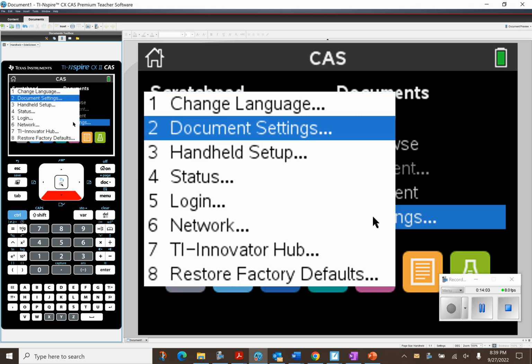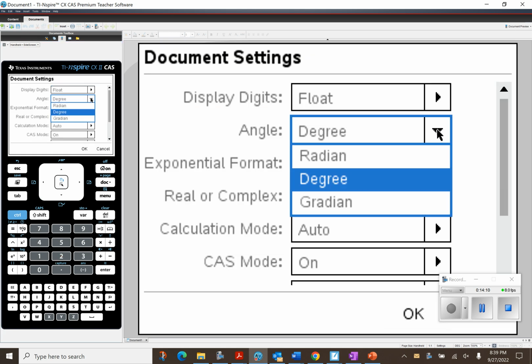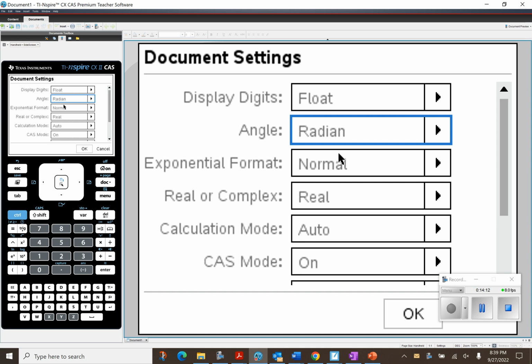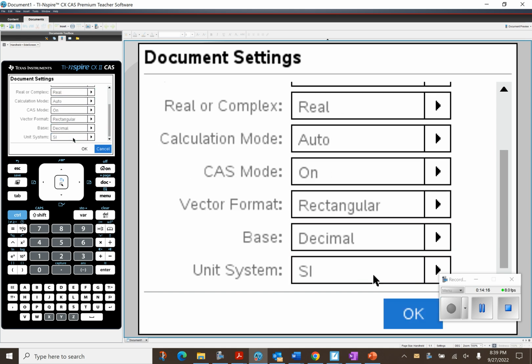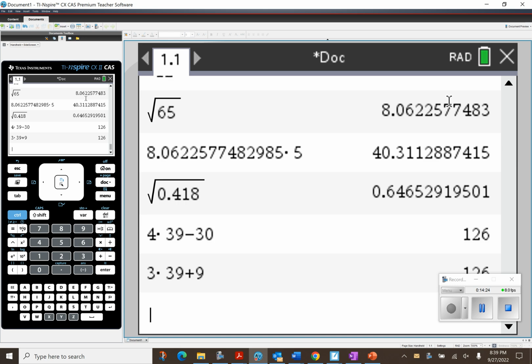I want to change the setting on my current documents, so that's option 2. And down to angle, go back to radian. And then I think for you guys, you've got to go all the way down and click OK. And then if I just go back to 4, my current document, I now see that this is in radian mode.